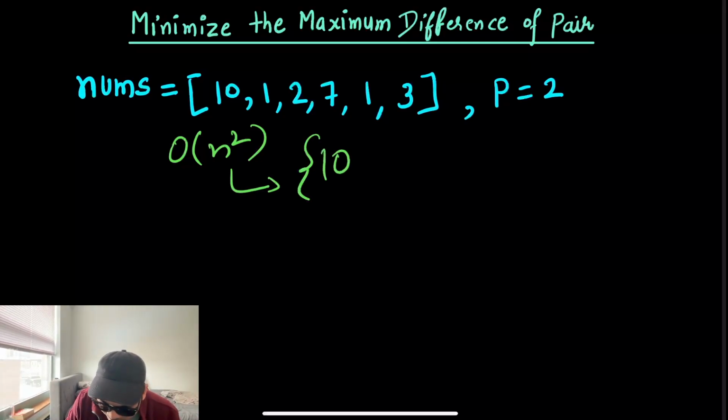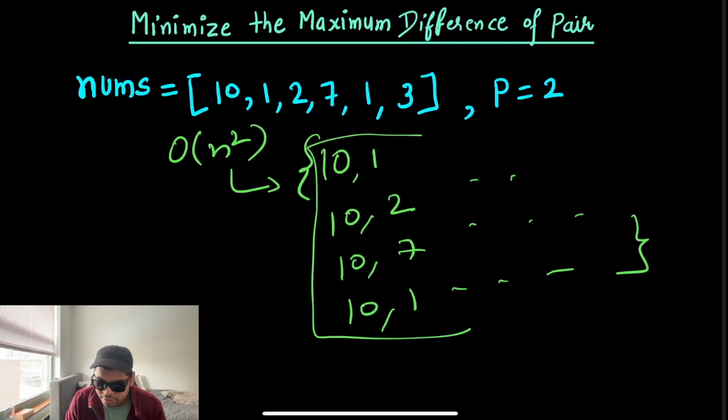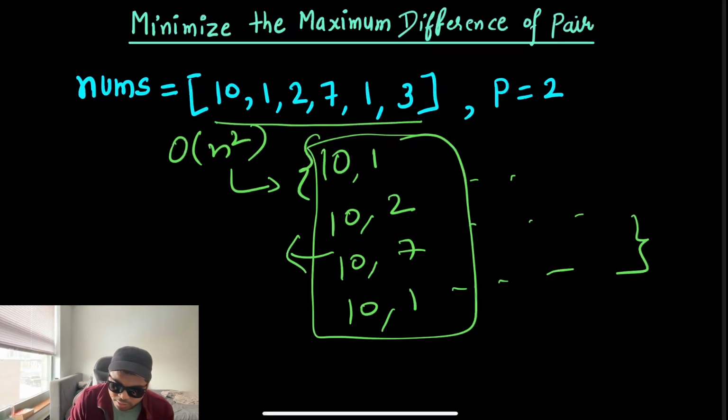So 10 paired with 2, 10 paired with 7, and 10 paired with 1, and so on. There will be so many pairs, and then out of these pairs I want to find the pairs which have the minimum difference. So what were those pairs? I think 1 and 1 was one pair, and then 2 and 3 are another pair.